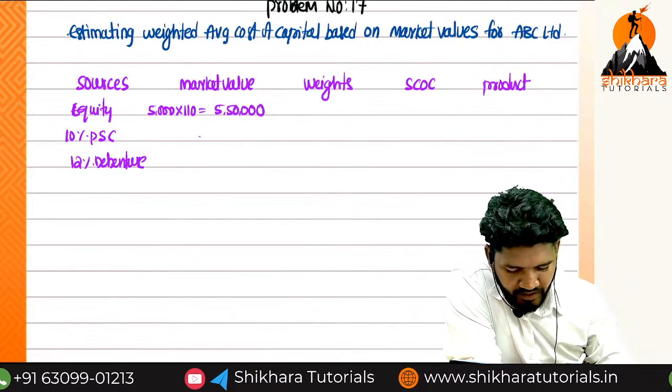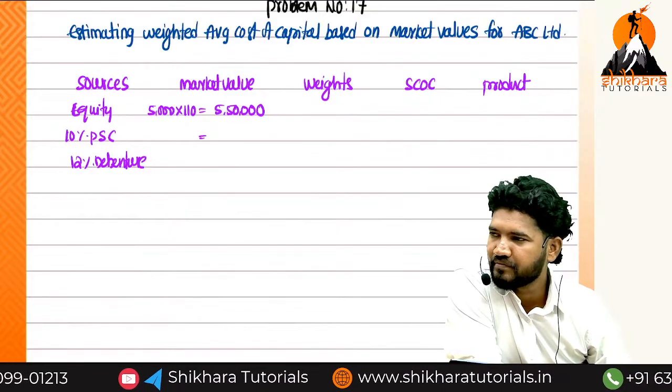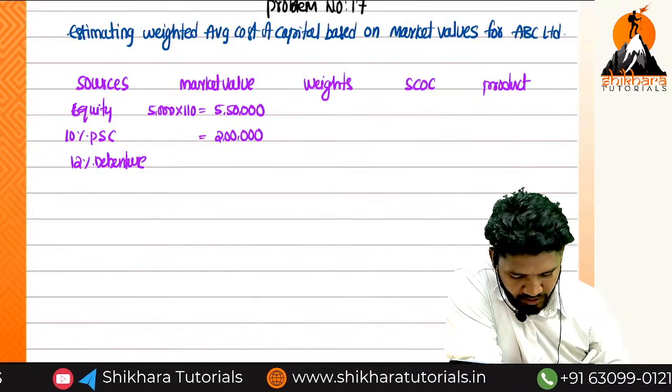What about this preference share capital? Book value is nothing but market value now, because there is no market price in the additional information. What about this 12% debenture?